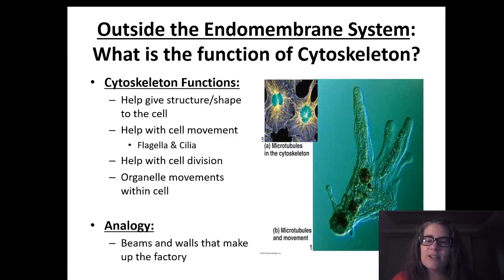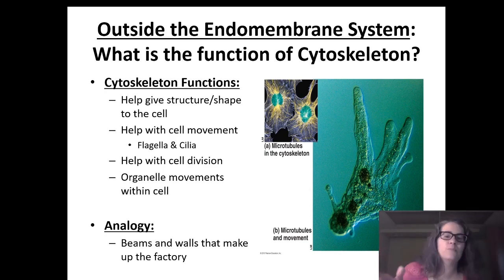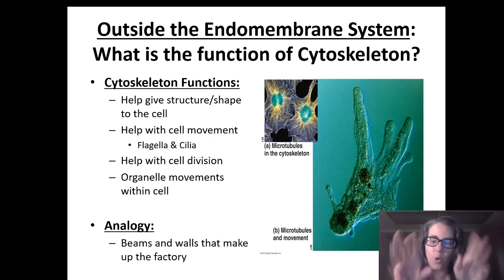Some other outsiders include the cytoskeleton. Its functions include to give shape, so it can be almost like the girders inside the cell holding it open. Some of these kinds of cytoskeleton can grow to the outside surface and become movement structures like flagella, which is like a tail-like structure, or cilia, which are like hair-like, oar-like structures that move cells around.